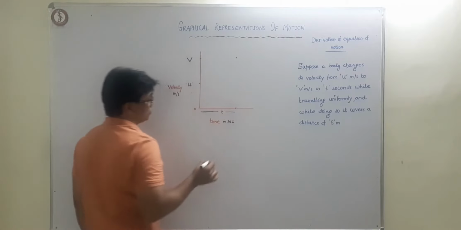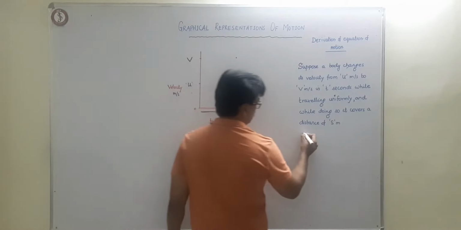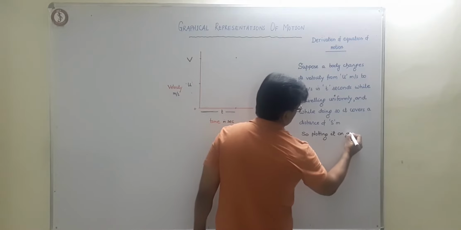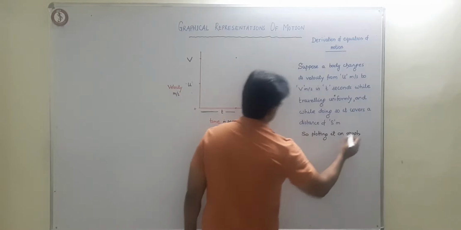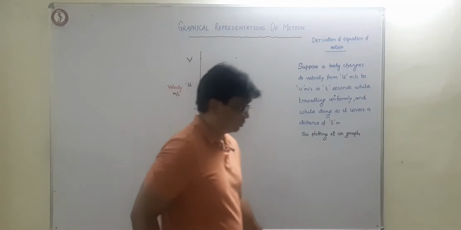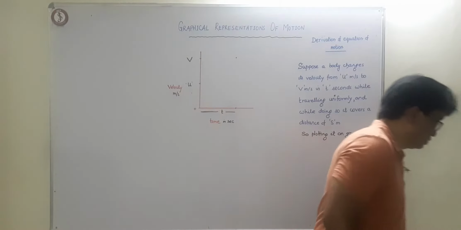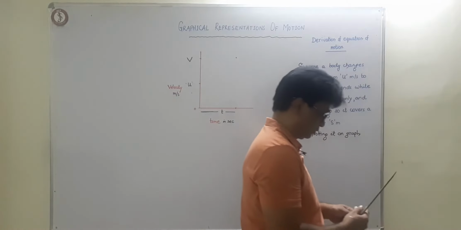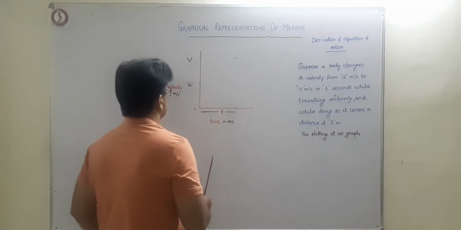So plotting it on a graph, we have the graph here. I'll use a blue pen for your benefit. Let us see if I have a blue pen. Yeah, so let us see what happens.